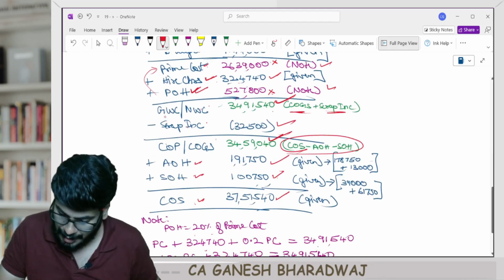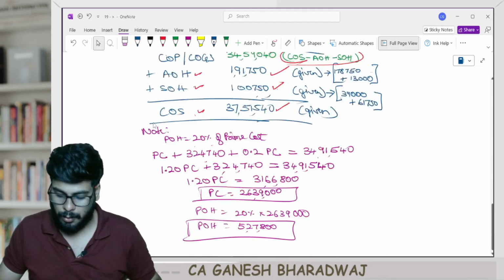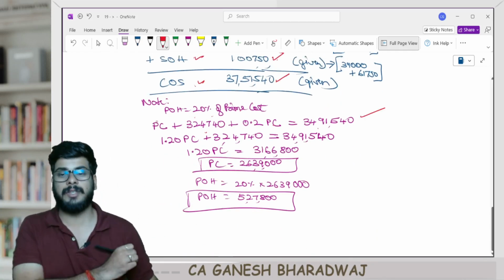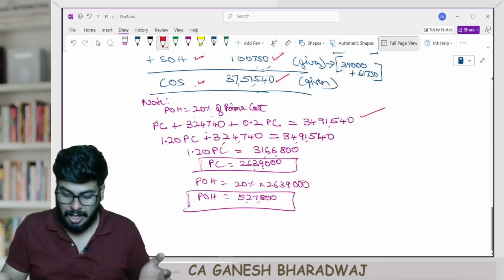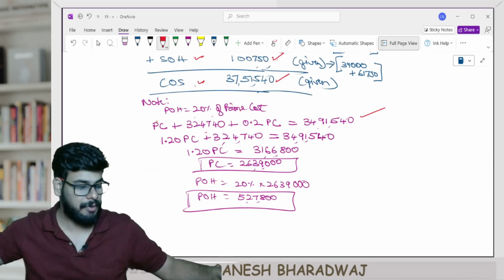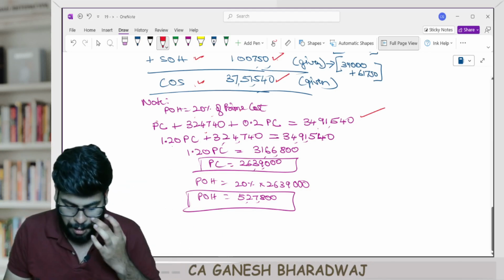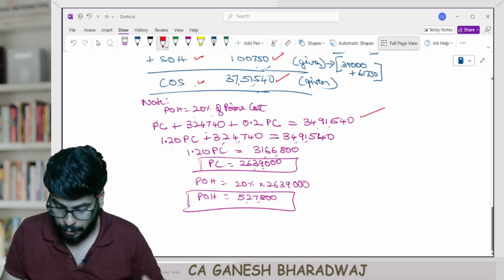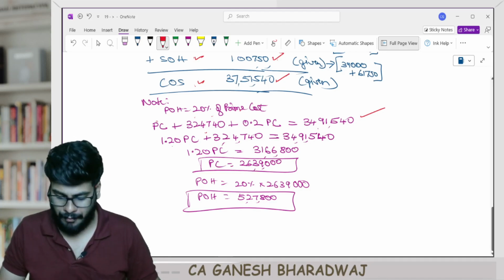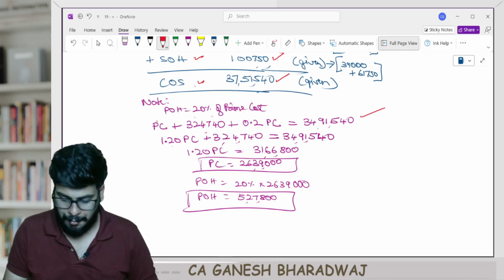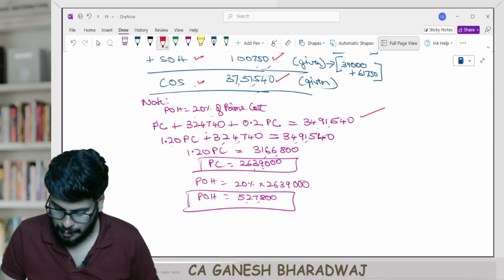This figure we have arrived at is 34,91,540. Correct, guys? With this we have framed an equation with only one variable, which is PC. So 1.20 PC plus 3,24,740 gives me 34,91,540. You solve for this: 1.20 PC gives you 31,66,800.